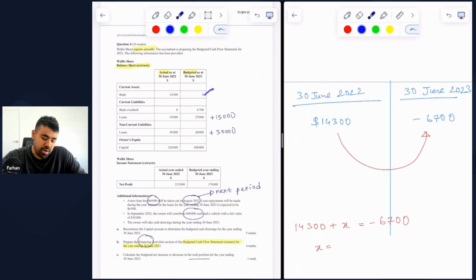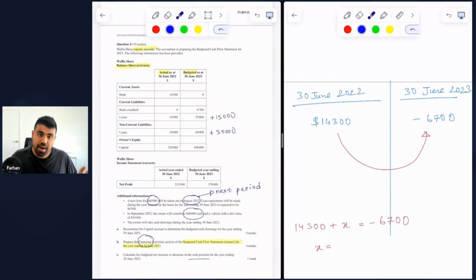But what happened is we have now borrowed 6,700 from the bank, which has resulted in our bank balance being minus 6,700. And how can we verify that? Because it explicitly mentions overdraft. So the actual bank balance as at 30 June 2022 was 40,300.